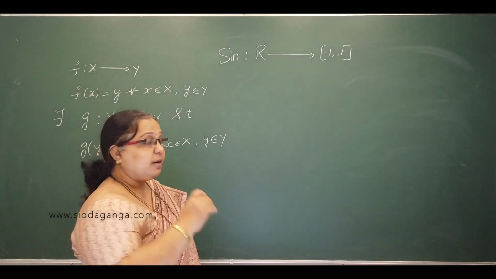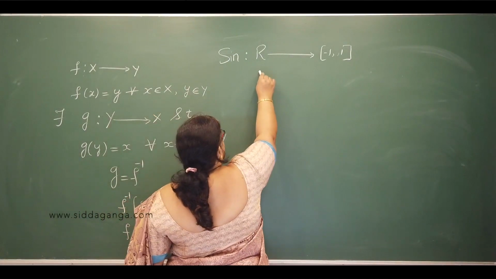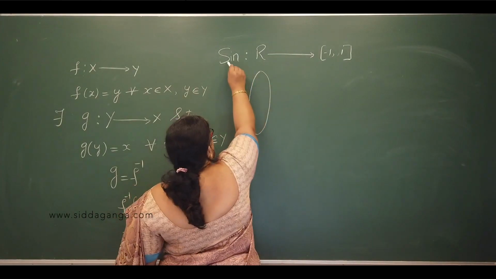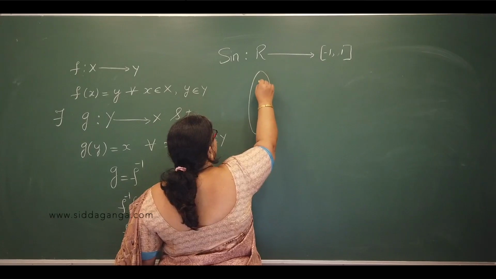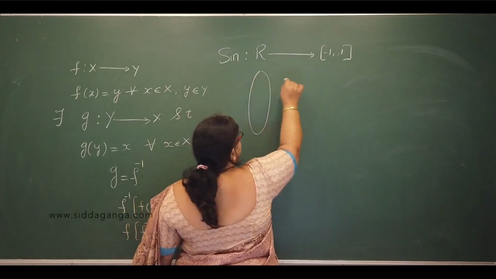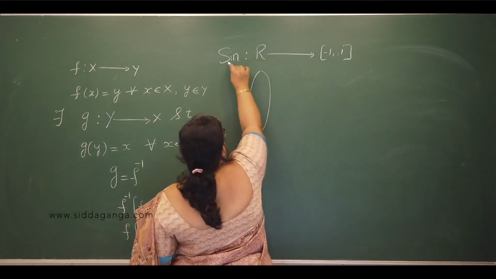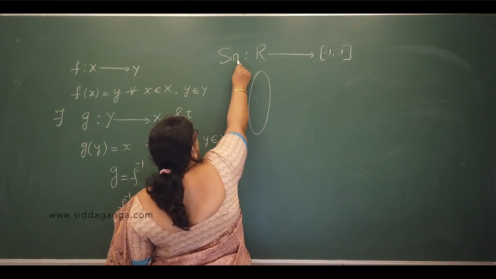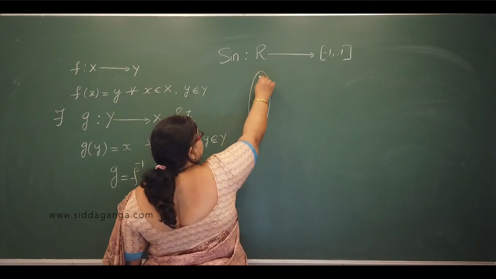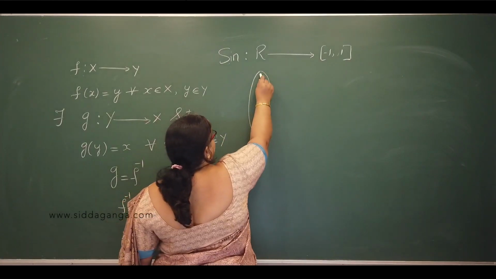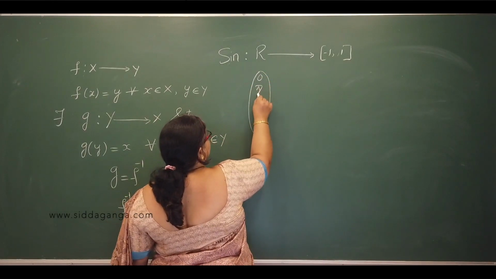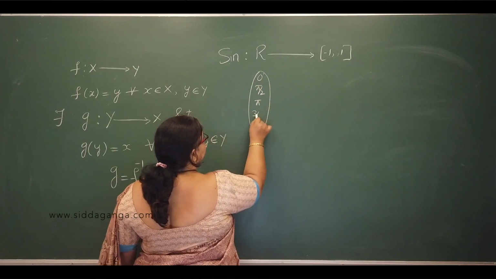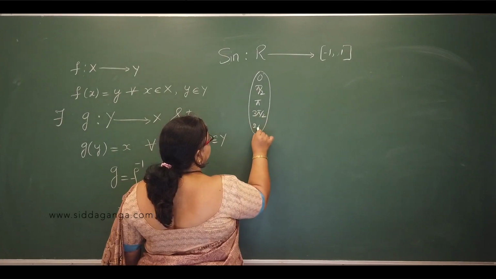Here we take an element x such that sine x is associated to y, that is sine x equals y. For the trigonometric functions, x should be angles. Consider the quadrant angles: 0 degree, pi by 2, pi, 3 pi by 2 and 2 pi.